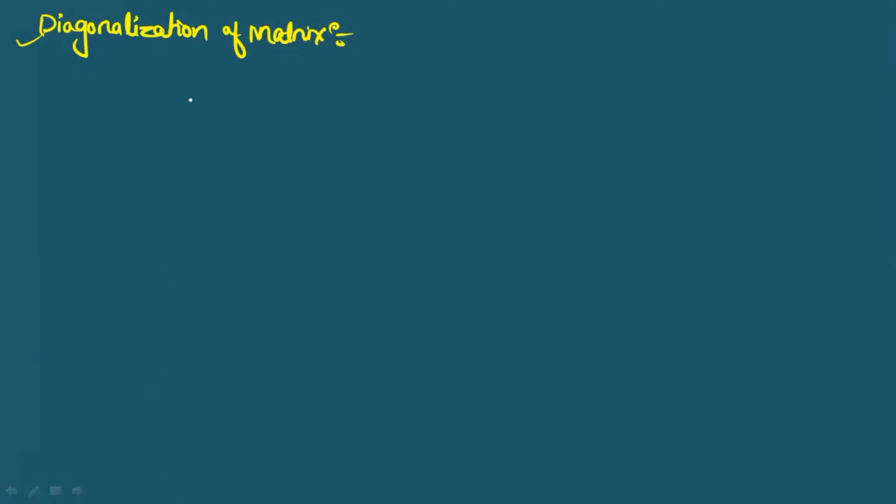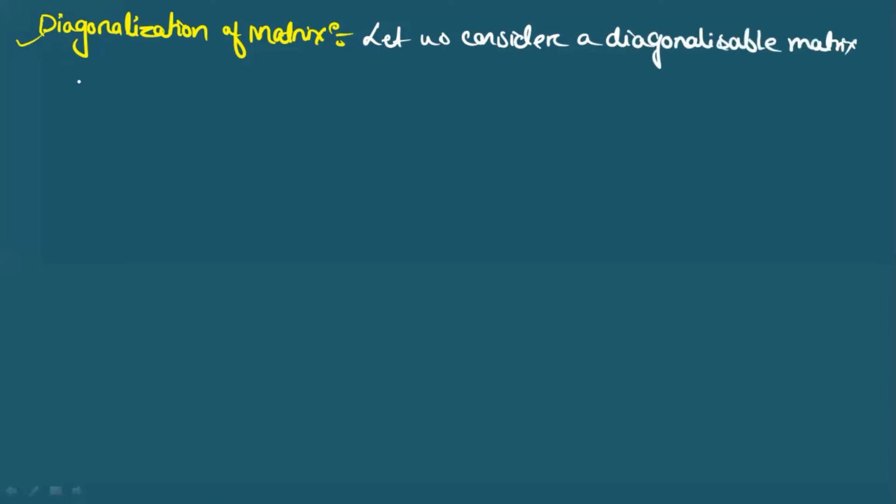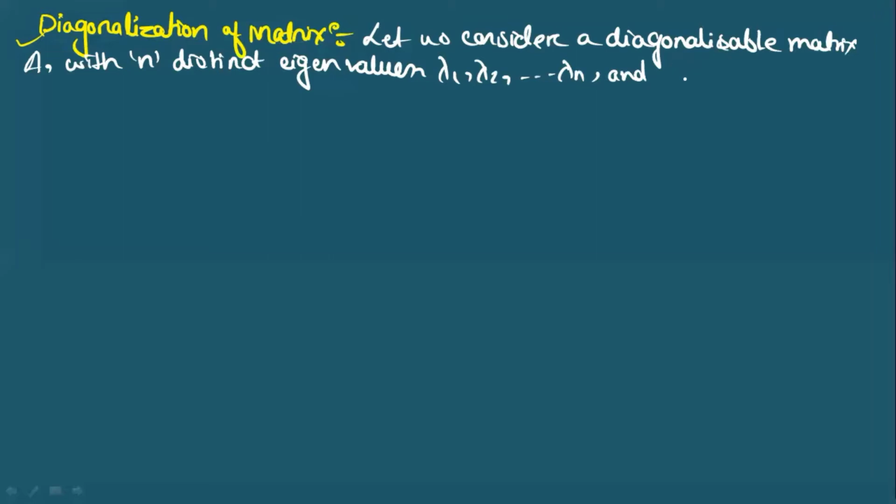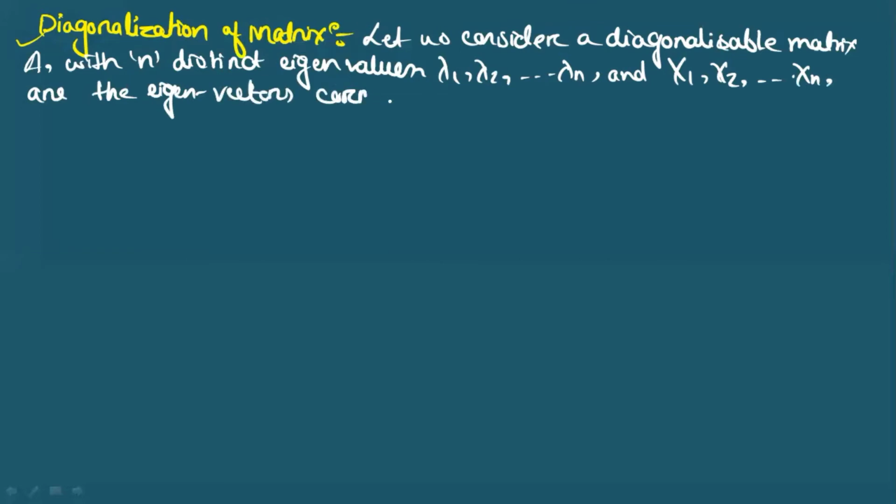So first of all, we will consider a diagonalizable matrix A, which is having n distinct eigenvalues lambda 1, lambda 2, up to lambda n, and x1, x2, up to xn are the eigenvectors corresponding to the eigenvalues.